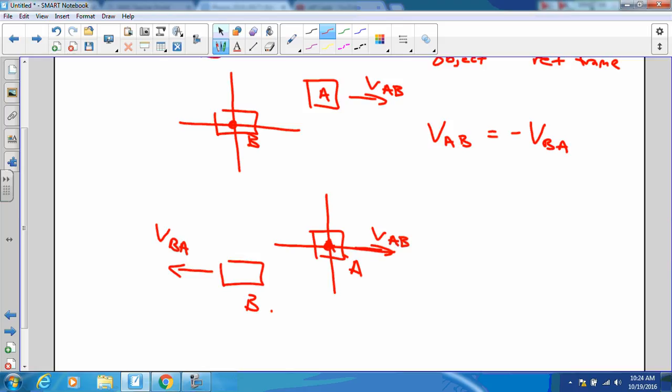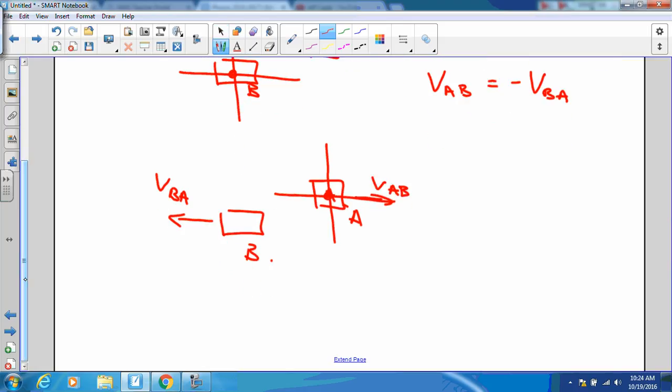In other words, if I am moving forward relative to the ground at 20 meters per second, then the ground is moving backwards relative to me at 20 meters per second. And that's our first-person shooter effect, right? When you are in a first-person shooter game, you push forward, but the way the computer does that is to make the scenery go backwards relative to you. Okay.